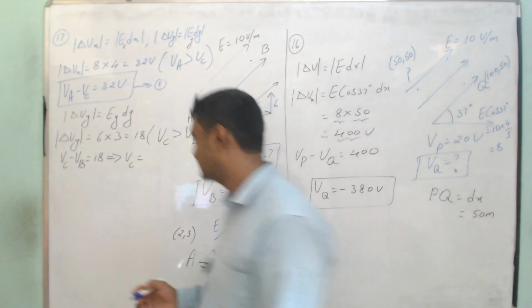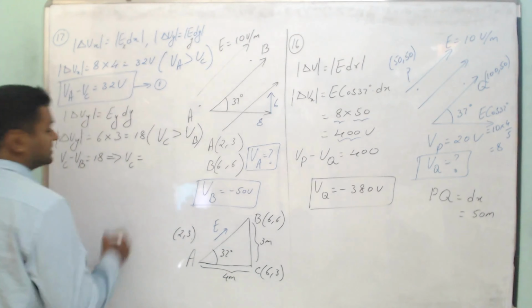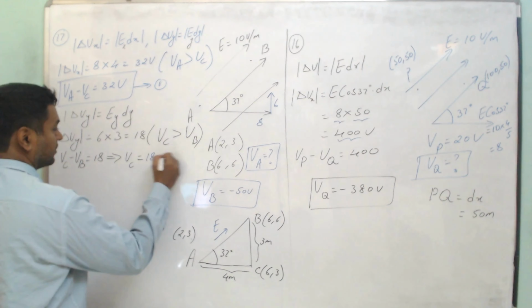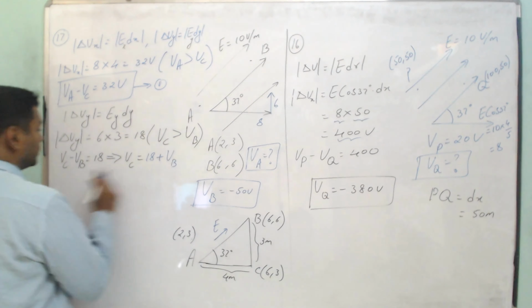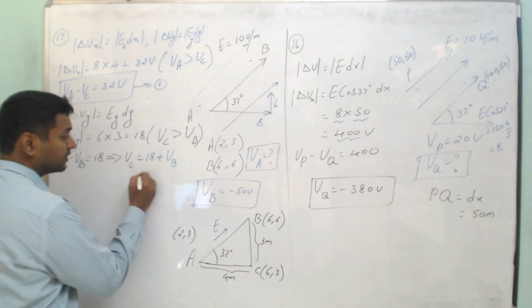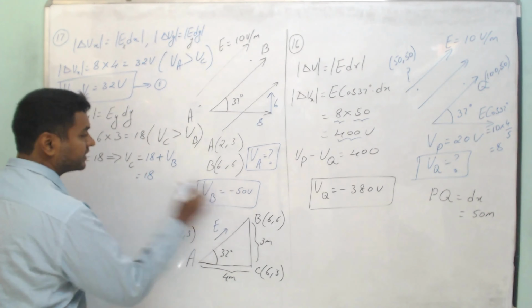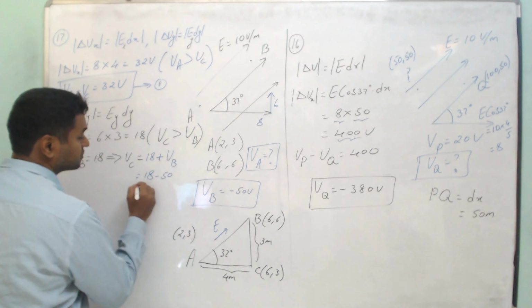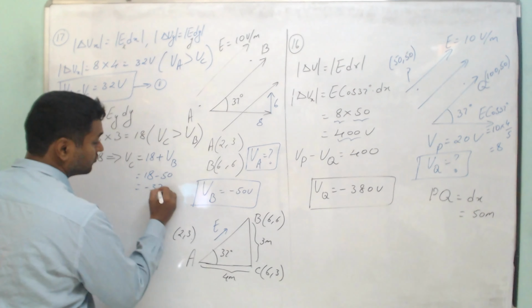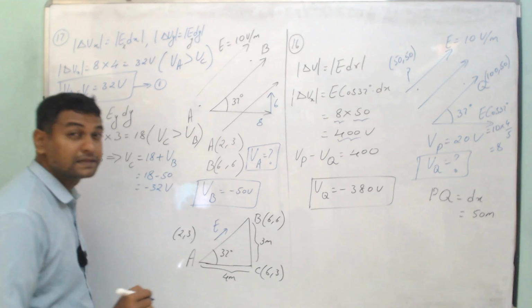VC is equal to 18 plus VB. VB is minus 50, so it is minus 32 volts.